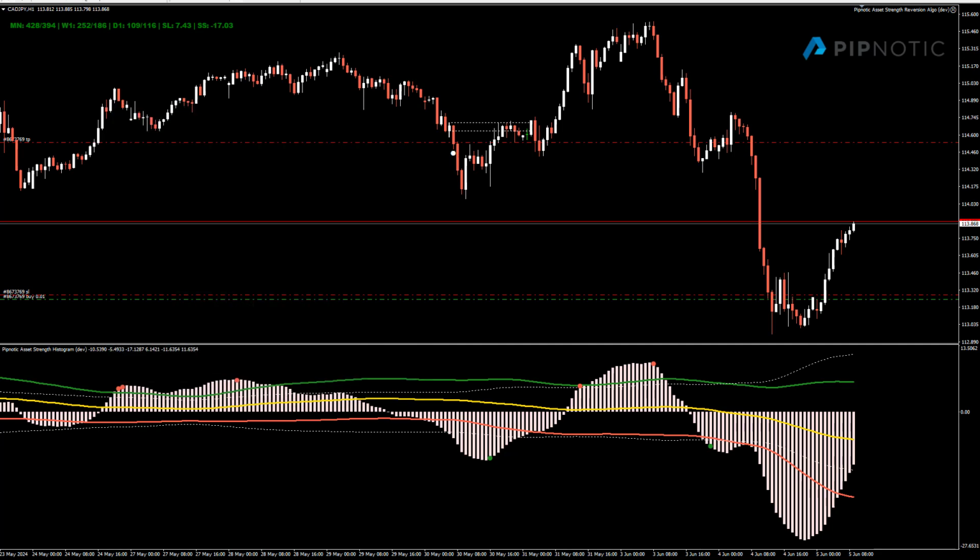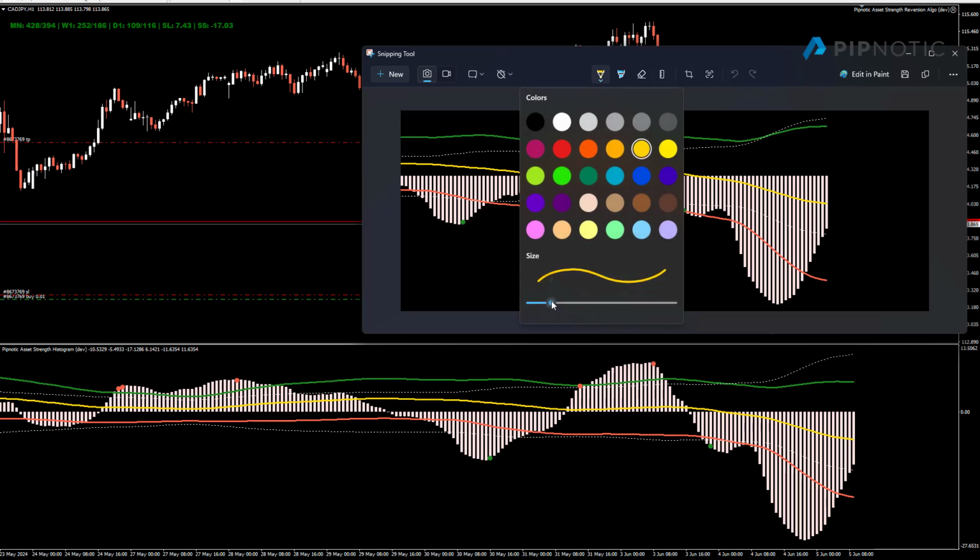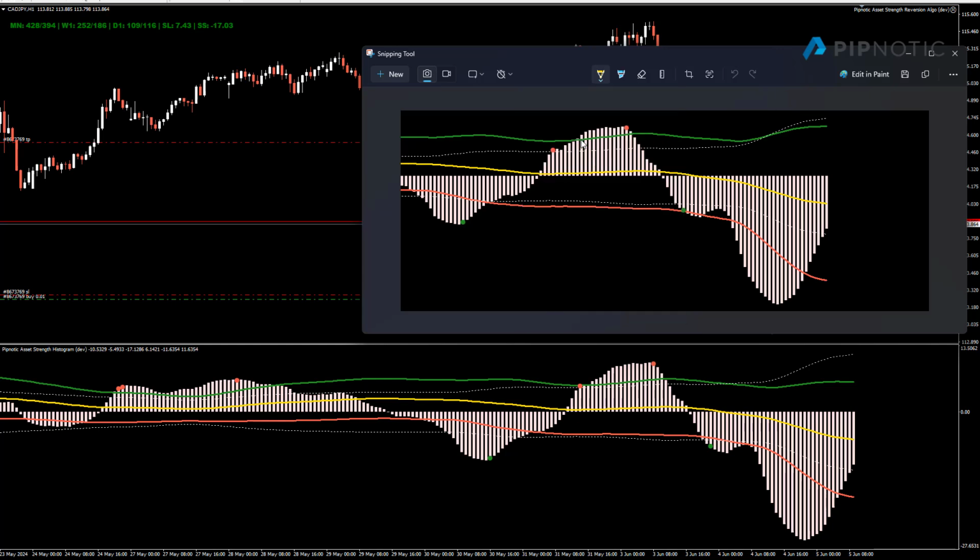But on the other one we had previously, it is 1.337. So the histogram actually entered the sell zone right here.